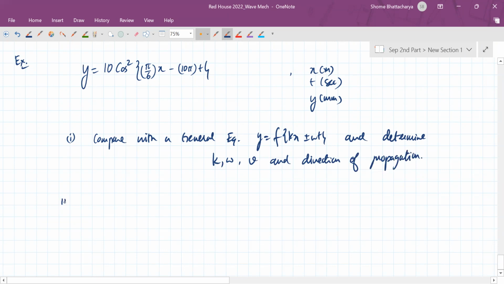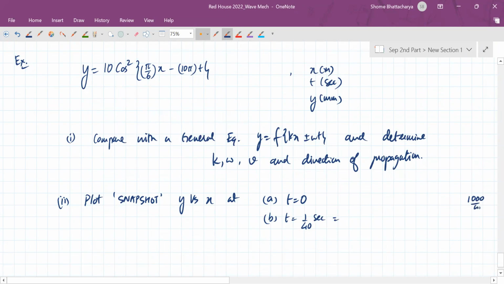And secondly, plot the snapshot, y versus x at t equal to 0, t equal to 1/40th of a second, or that is the same thing as 25 milliseconds.